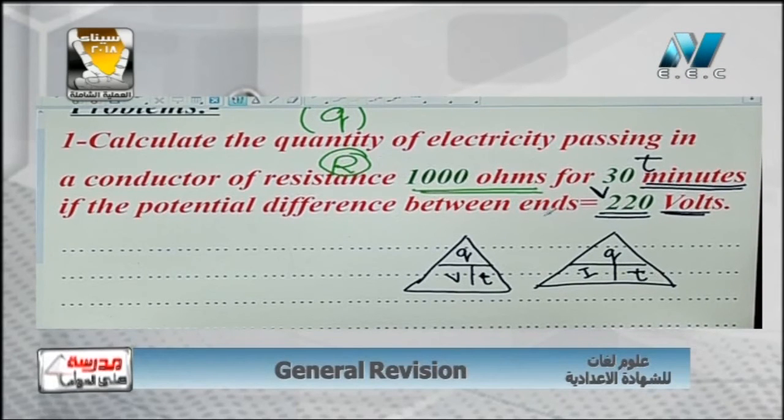We have a potential difference here and we have time here. So the excess information in this problem المعلومة الزيادة اللي أنا مش محتاجها resistance.